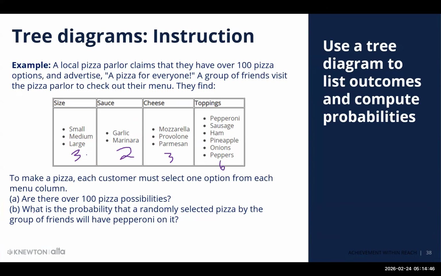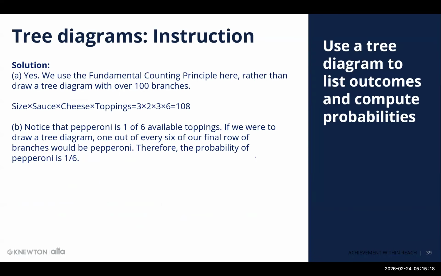And you could just multiply across. 3 times 2 is 6, times 3 is 18, 18 times 6. So what's that? 108 possibilities. That's what I'm getting. So yes, they have more than 100 pizza options. There's a computation for us.